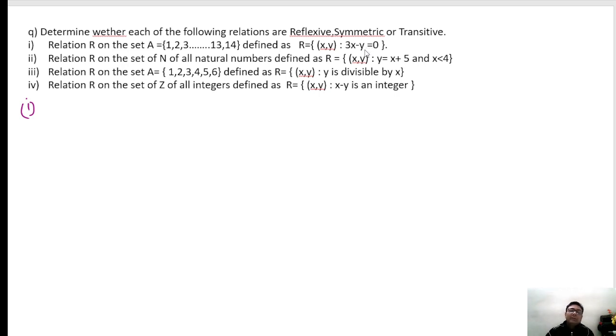Okay, so let's find out the set R. 3x minus y equal to 0.